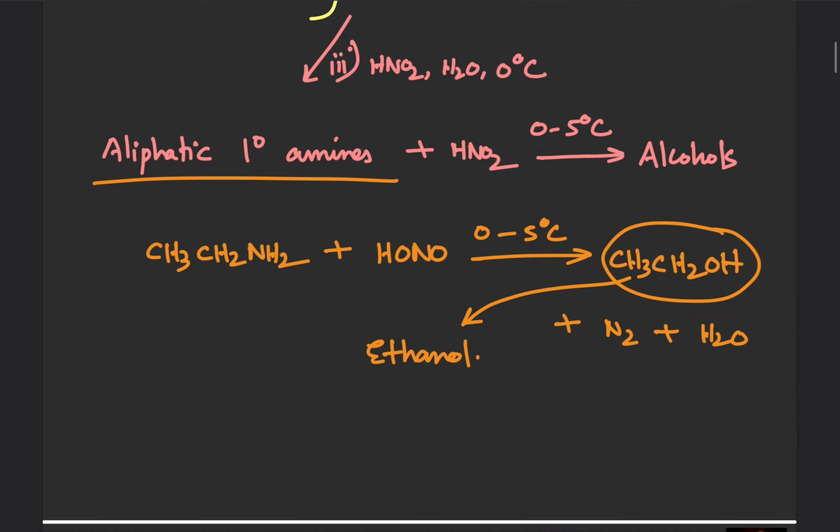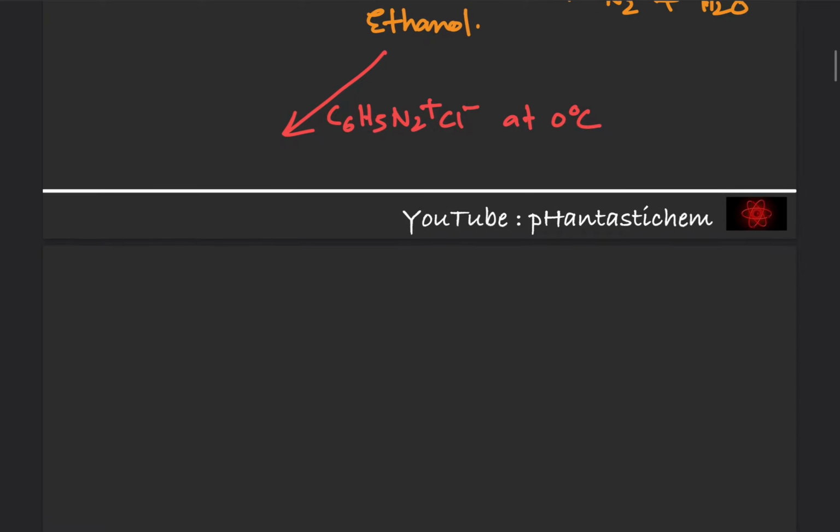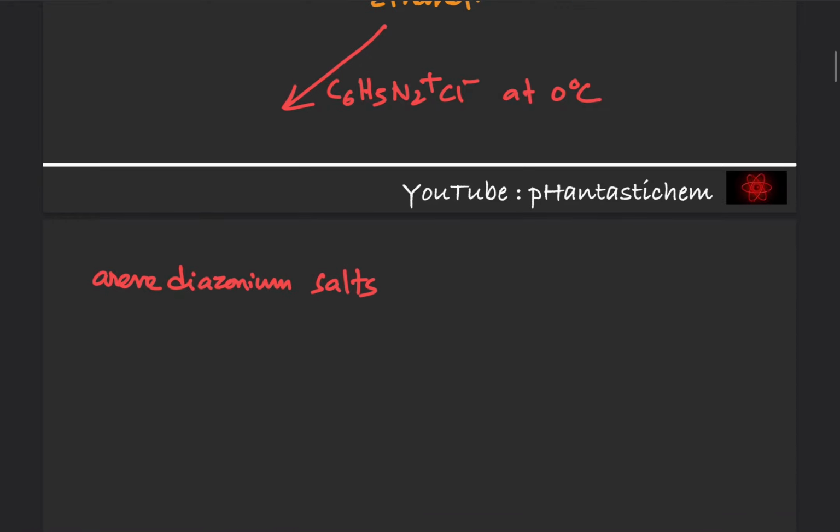Then ethyl alcohol or ethanol is reacting with the fourth set of reagents, C6H5N2 plus Cl minus, at 0 degrees Celsius. We should know that arene diazonium salts, important. In our case, the arene diazonium salt they have given us is the benzene ring with N triple bond N, positive charge, and Cl minus.